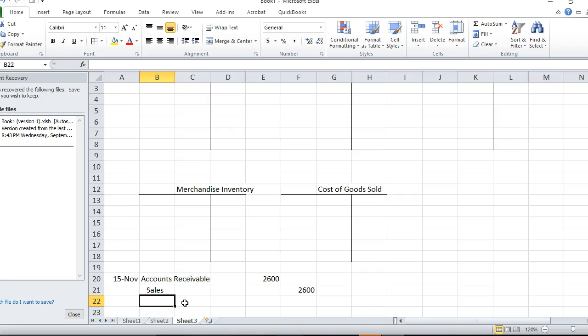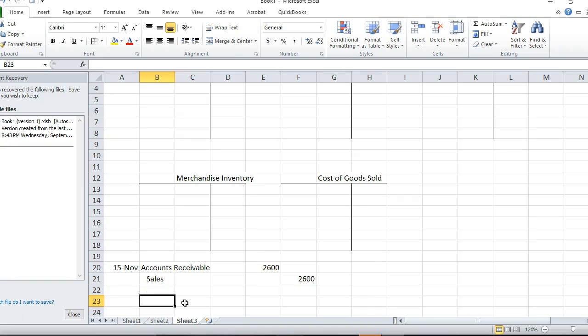But we have another step here. We need to take that out of inventory and show it sold, don't we? So the next thing we need to do on this same day is to debit cost of goods sold, because we keep track of a perpetual method. We always know where we stand.